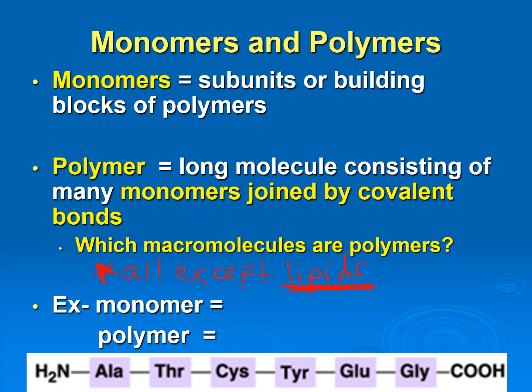At the bottom, we've got our protein, this long molecule here, and this would be our polymer. What's making up the polymer, our protein, in purple, the individual subunits, are amino acids. Those amino acids are joined together by these covalent bonds to make up our protein. So the monomers that make up the protein would be the amino acids.